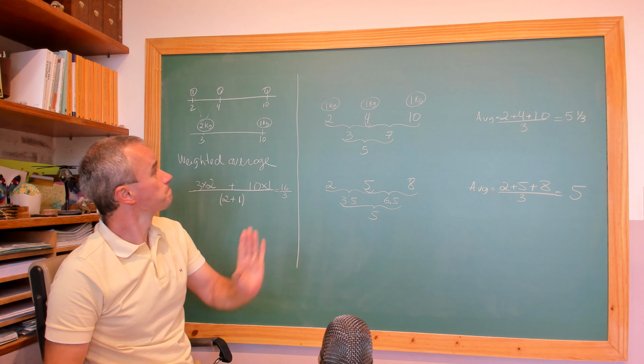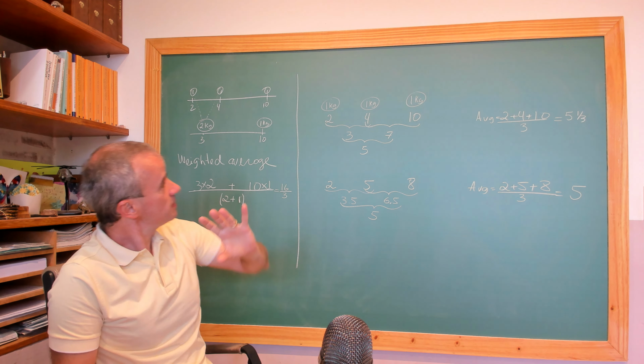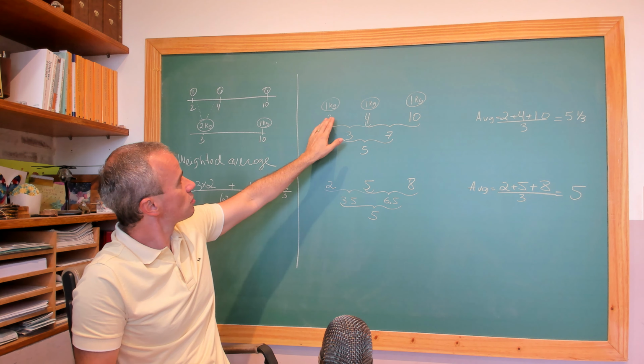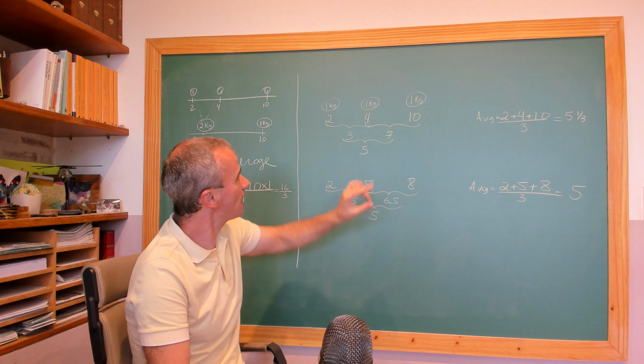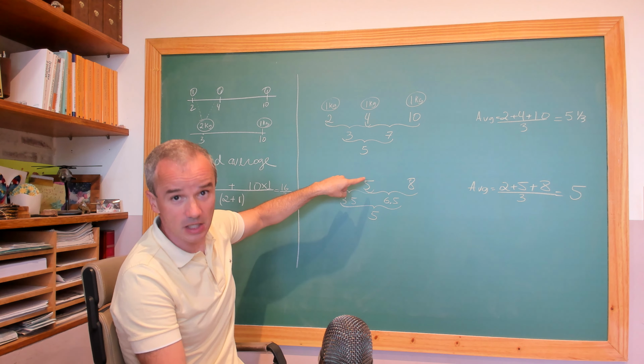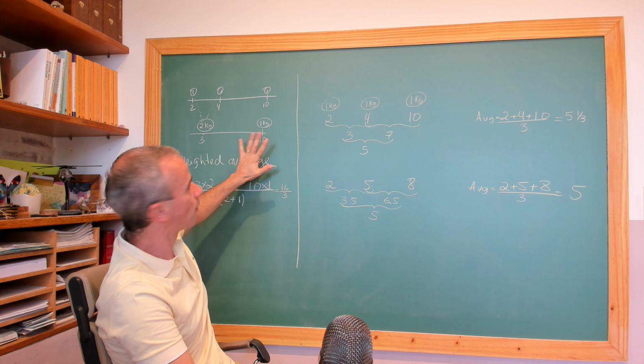No problems about this? Now, I have been trying to tell you, imagine those are positions and you're going to put weights on top. I'm going to explain why this doesn't work and why this does work, using the same principle.